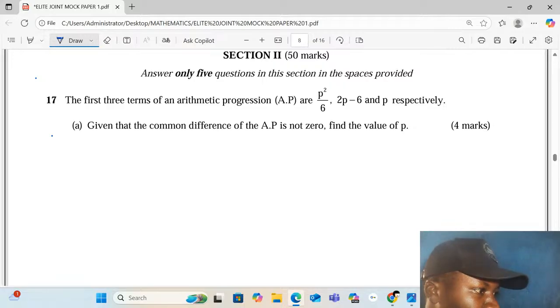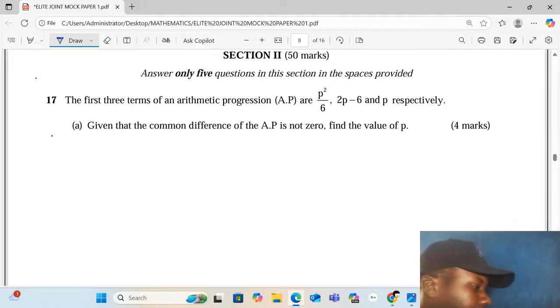So we can start from section number 2, and the instruction is answer only 5 questions in this section in the spaces provided. As for us, we'll go through every question as it appears.